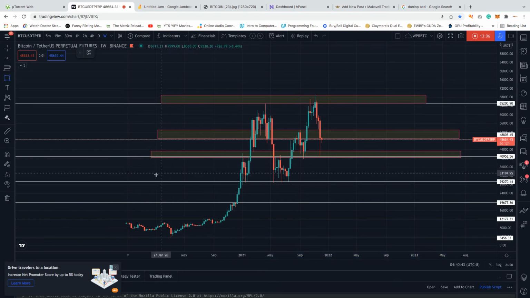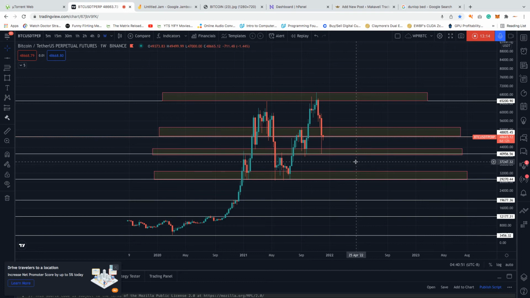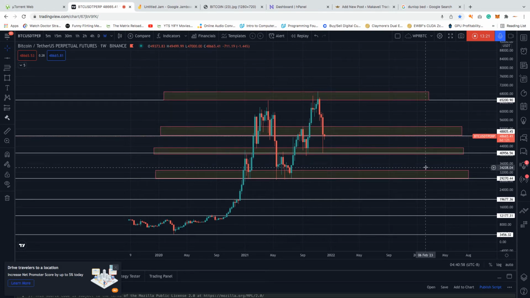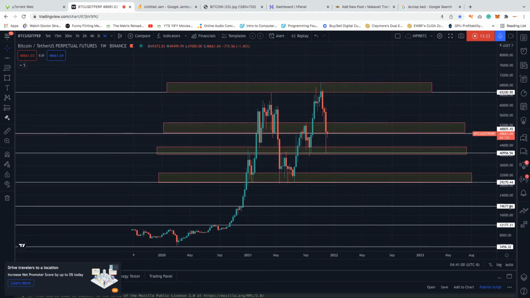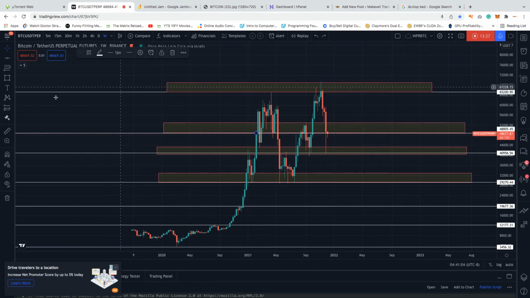Let's say you bought at 30k, price got to 30k, broke through 30k, your stop loss was at 29k, it went to 28,800 and then turned back and started going back up and went to 40k, went to 50k, went to 60k. That is called stop loss hunt. And to avoid that, this is why I treat my support and resistance as an area.